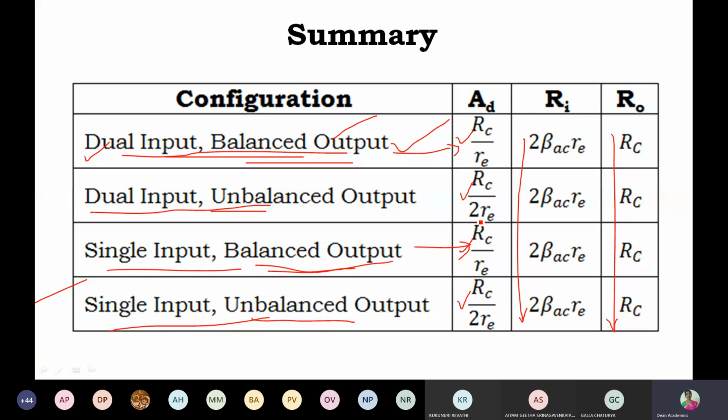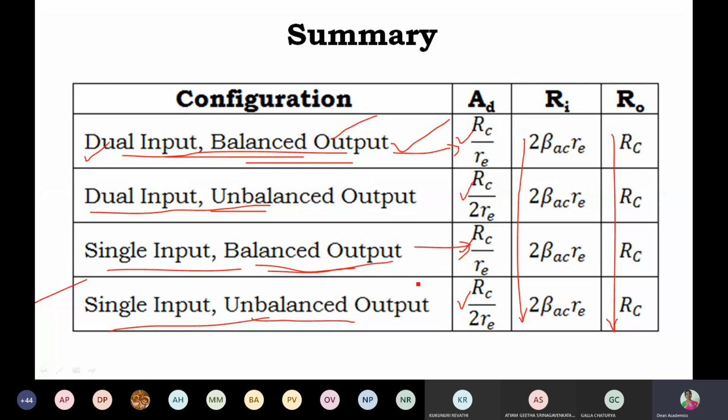In GATE or IES, Indian Engineering Services, or GATE exam, in all these, they will ask this type of questions only. They'll give you a very big circuit and they'll just say calculate output resistance. Though there is a very big circuit, if you know that output resistance is RC, you can just write that value.